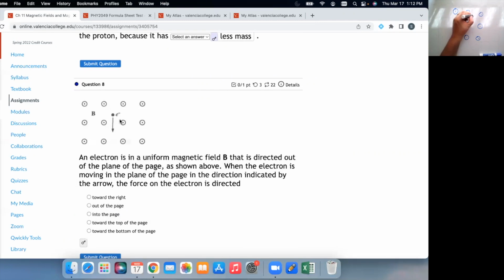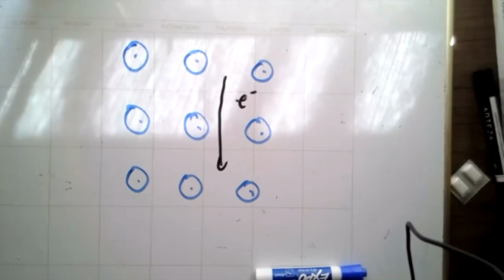You could say negative charges follow the left hand rule. But I'm left-handed, and if I start using my left hand to do a problem, I'm going to goof and just keep using my left hand on all the problems. I won't remember to go back. So what I do is I just do my right hand rule, and if it's an electron, whatever answer I get, I flip it over.